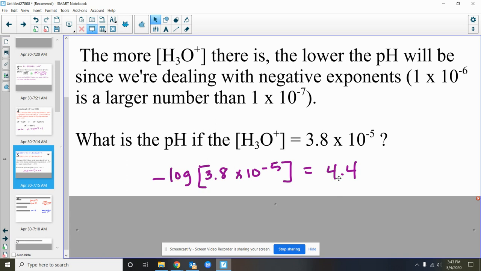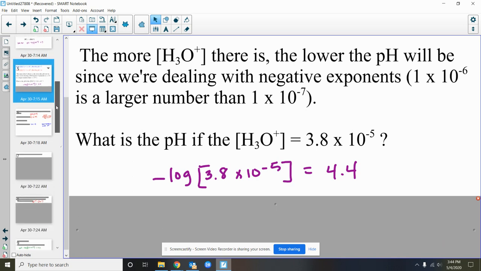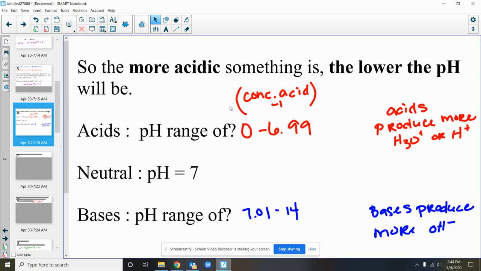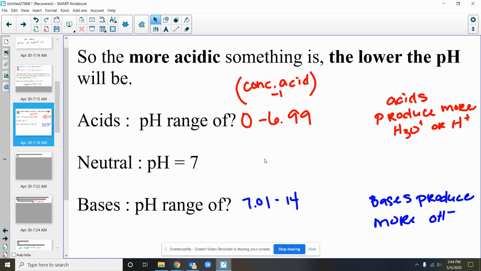Okay, so again, when I do that, I get a 4.4. That is an acidic number. It's less than 7. Okay, so that is an acidic solution. Again, just as a reminder, the more acidic something is, the lower the pH. So the pH range for acids is 0 to 6.99. Acids produce more of those hydronium or hydrogen ions in solution.